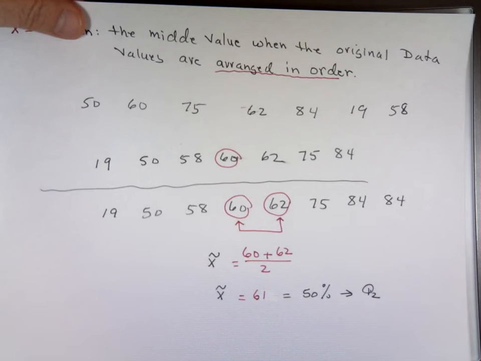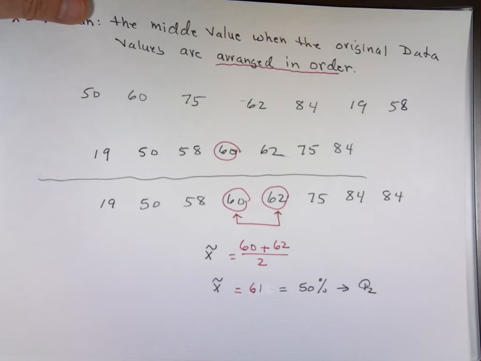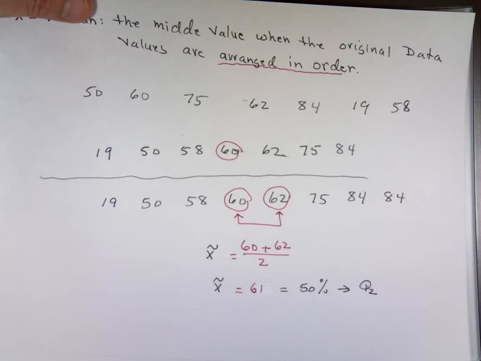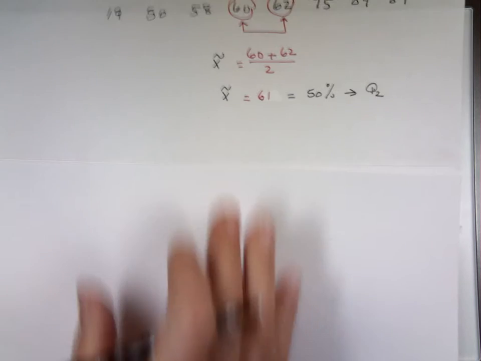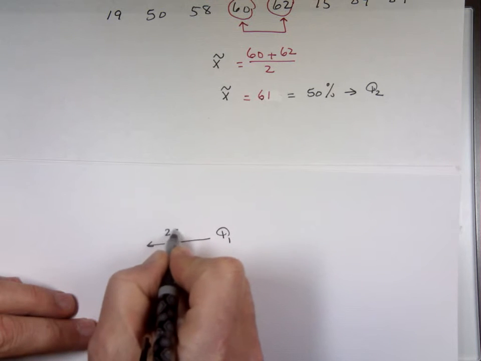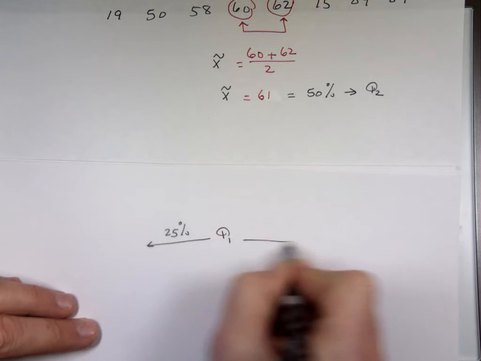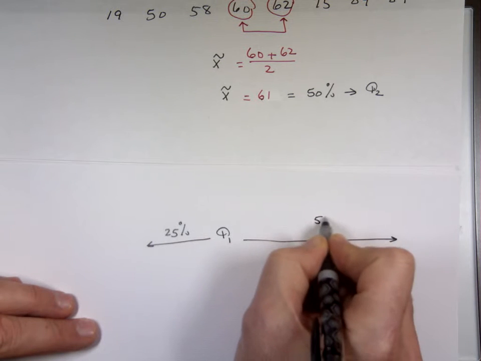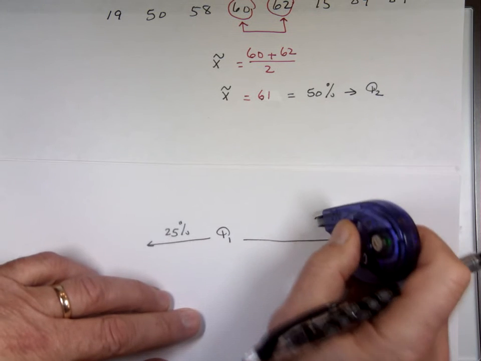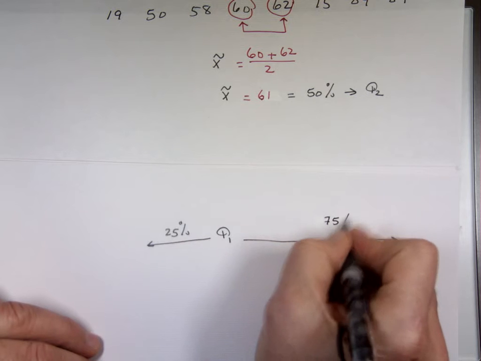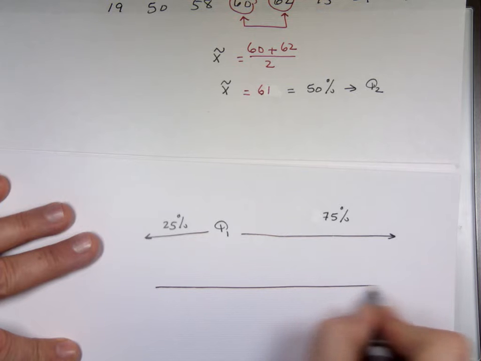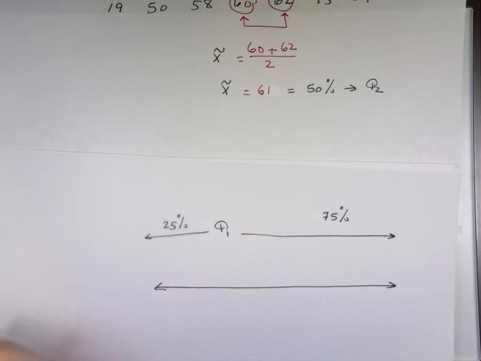Q stands for quartile, quarter. A quarter has how much money in the quarter? 25. So if you have 1 quarter, that's Q1, quartile. Q1 has 25% of the values to the left and 75% of the values to the right. Q2, imagine 2 quarters. 2 quarters is what? 50.